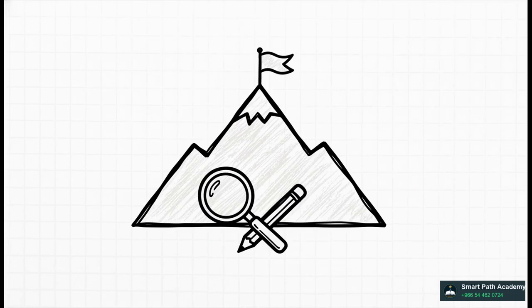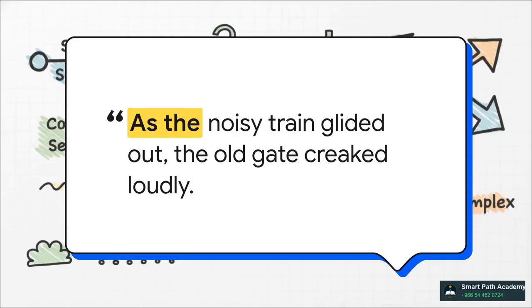So, you've got the tools, you've practiced the methods, and you know the examiner's secrets. Now it's time for the final boss battle. I am issuing a student challenge. I want you to apply everything you've learned today to one final tricky scenario independently. Listen to this one carefully. As the noisy train glided out of Egmore Station, the old gate creaked loudly.